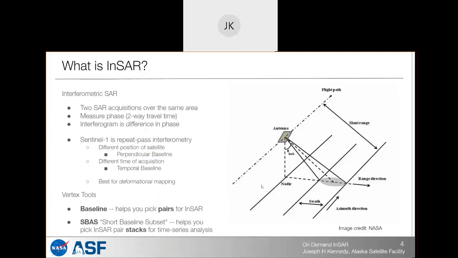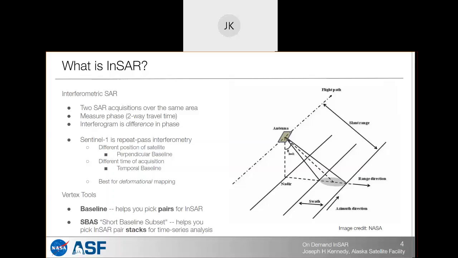Basically, what you're doing in interferometric SAR is you're taking two SAR acquisitions over the same area. They're either separated by time or space, and you're measuring the phase, the two-way travel time of those acquisitions. And then you take those two and you difference them, which is what we call an interferogram. We difference the phase.